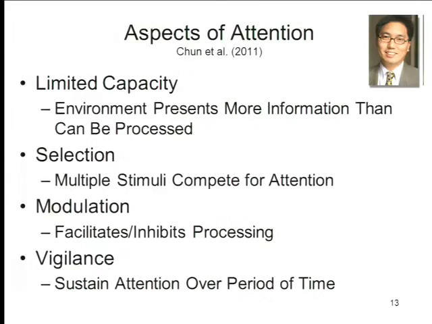And then finally, attention just isn't captured and then fades away. We're able to sustain our attention to various objects over long periods of time. If a surprising event occurs, my attention might be drawn to it momentarily, and then I can fasten my attention on that thing and keep it in mind by virtue of some kind of deliberate act.